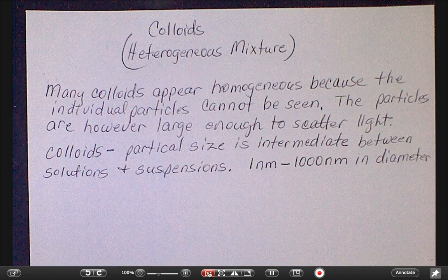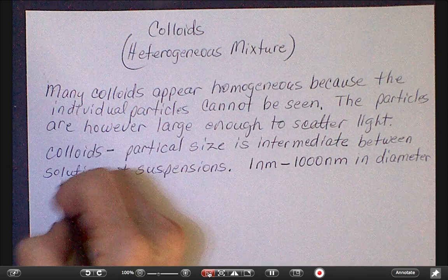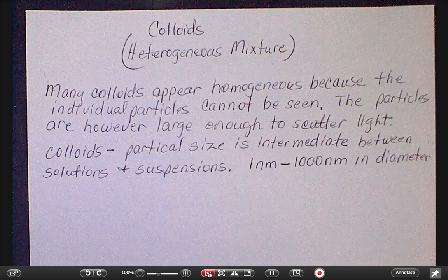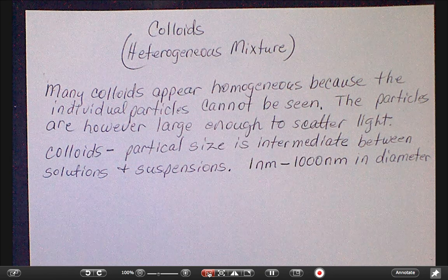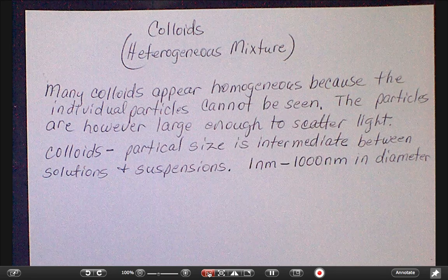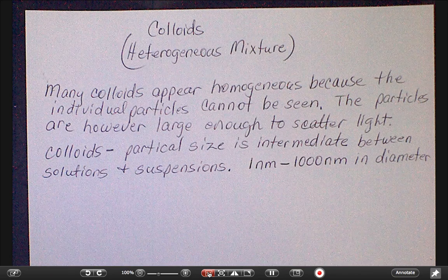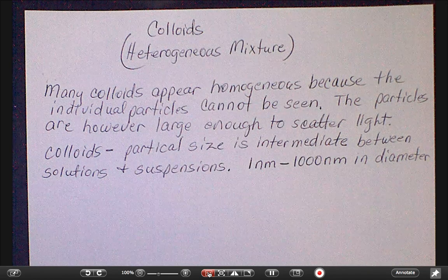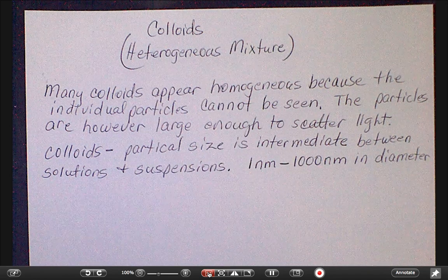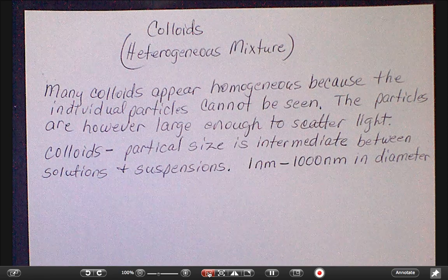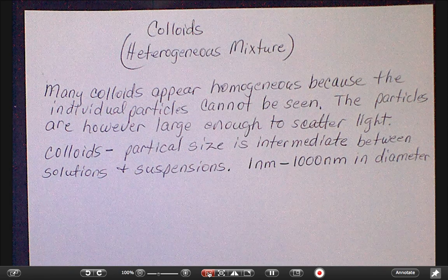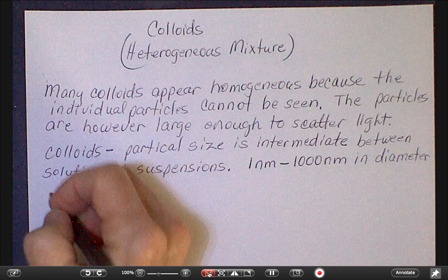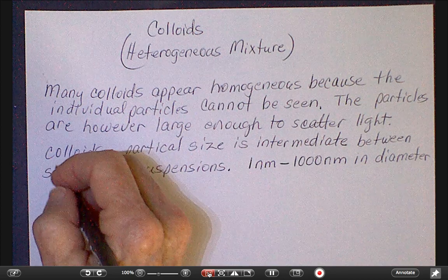The particles do not separate upon standing. Okay, so what makes this one like a solution? Those of you that were here, what makes this one like a solution? They're mixed together. What did I just say? They do not what? Separate upon standing. That's like a solution, isn't it? Solutions don't separate upon standing, and neither do colloids.